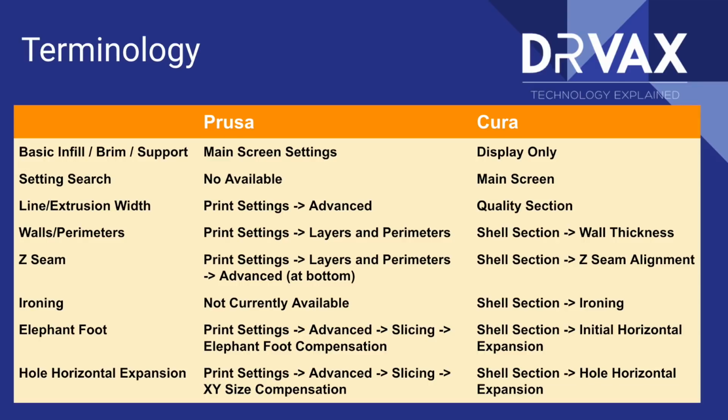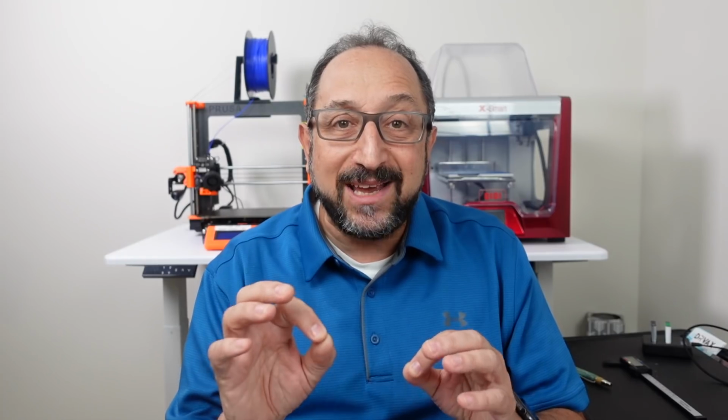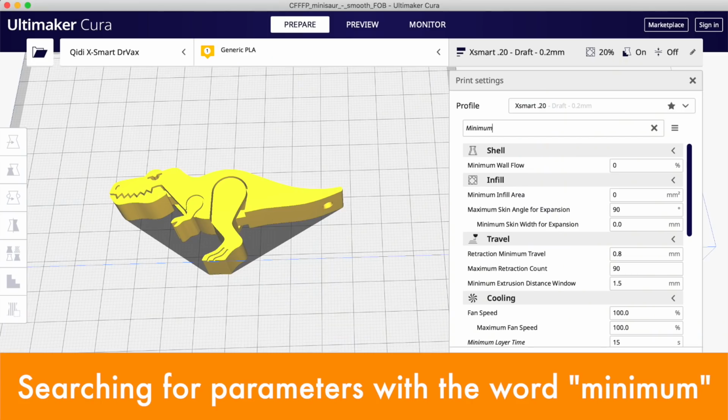On the main screen of Prusa and Cura, they have different information. On Prusa, they have information about infill, brim, and support, and you can actually change that information. In Cura, it's only displayable. One of the most powerful features of Cura is there's a search capability where you can type in the name of a parameter and it'll tell you how to find it.